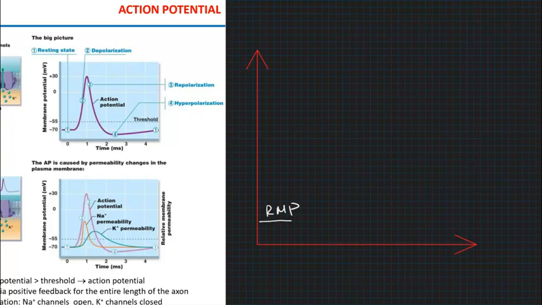Next, we are going to open sodium channels. So when sodium channels get open, what happens to the membrane potential? Does it become more positive or more negative? More positive. So it goes up. When the membrane potential becomes more positive, is it depolarization or something else?